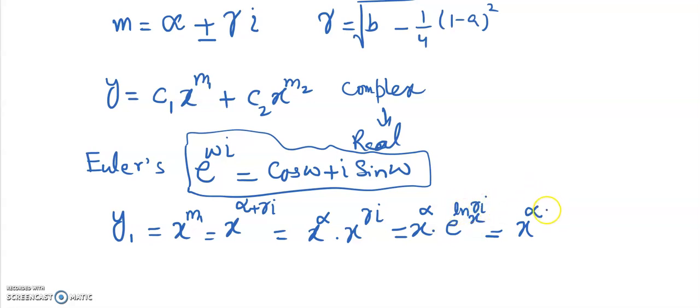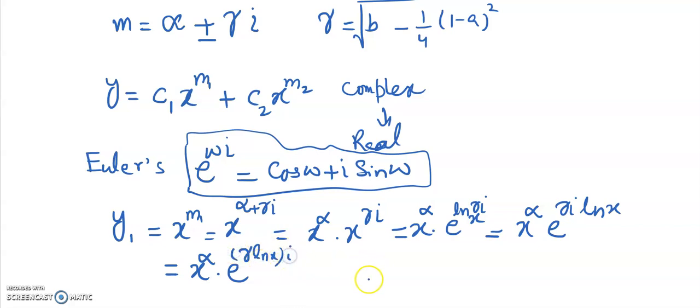So it will be e to the power gamma i log of x, or in other words, we can also write it like this: x to the power alpha into e to the power gamma log of x into i.